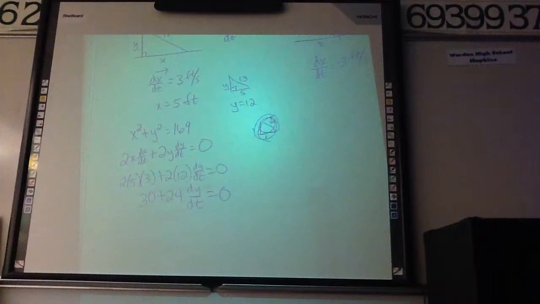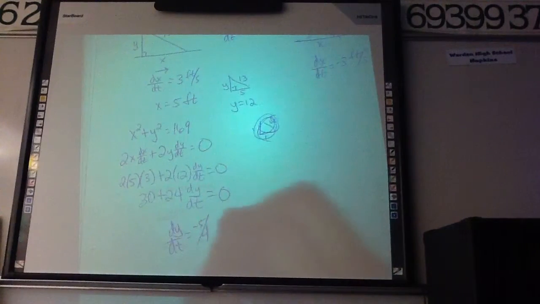Good, no one said it just equals 0. Subtract 30, divide by 24. It's negative 5 fourths. What are the units?